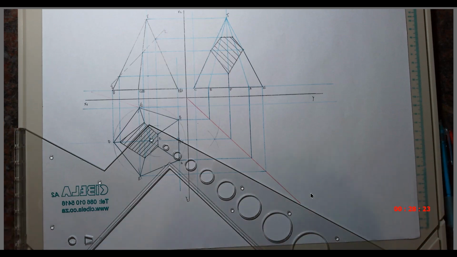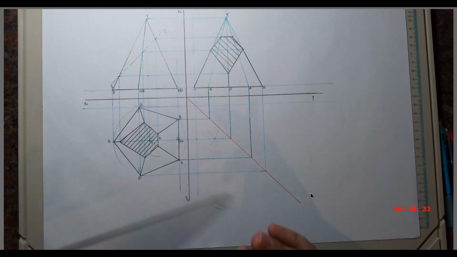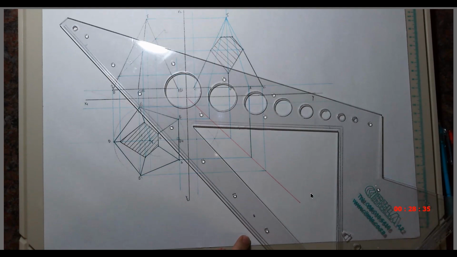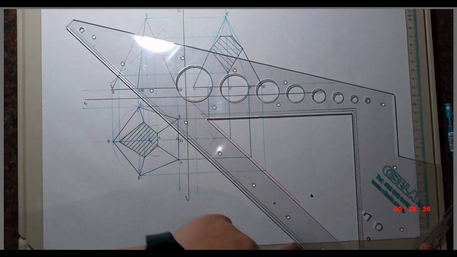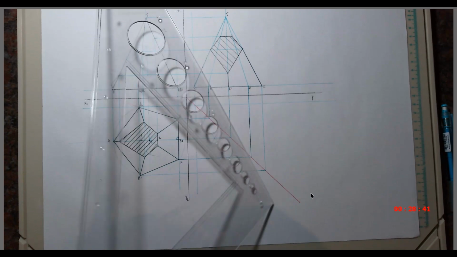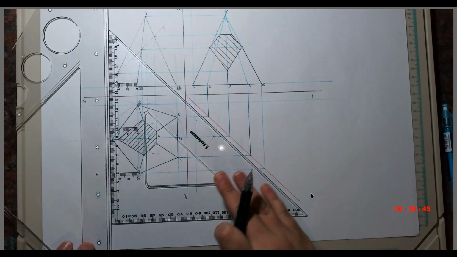So I'm going to use, let's see, what do I have? Let's use orange. And because this is against 45 degrees, if you have this board, you can just turn it like this and draw, extend these lines all the way through. But if you don't have a board like this, you can use your 45-degree line.